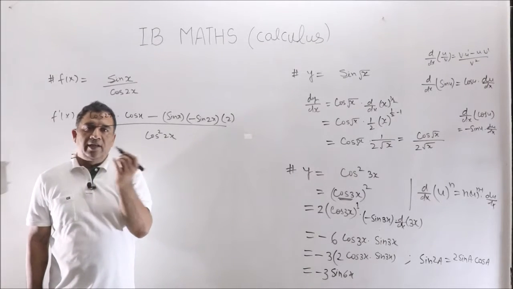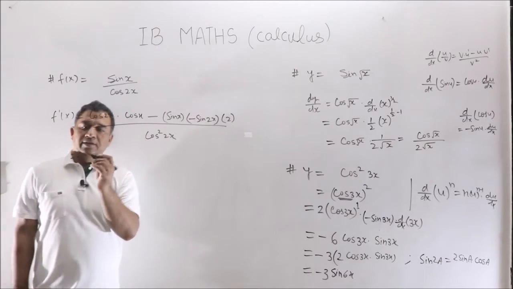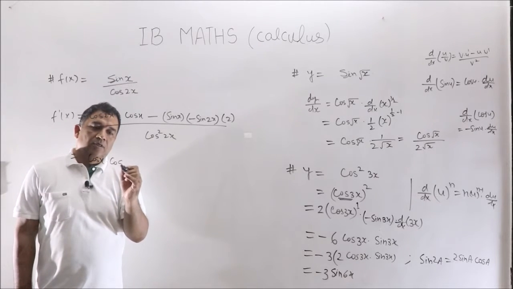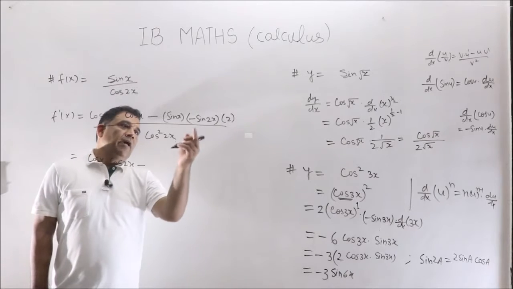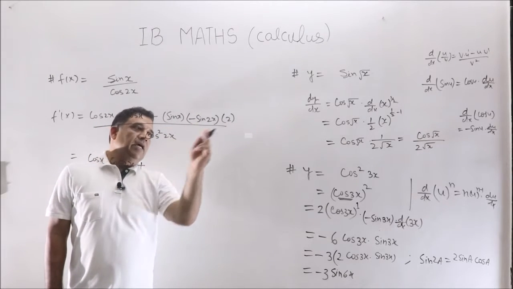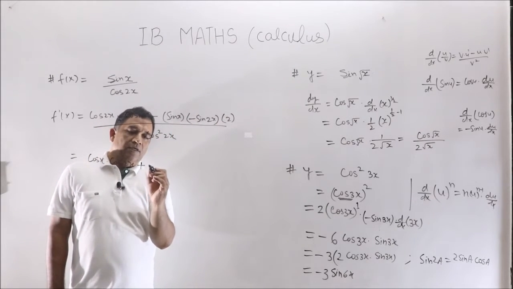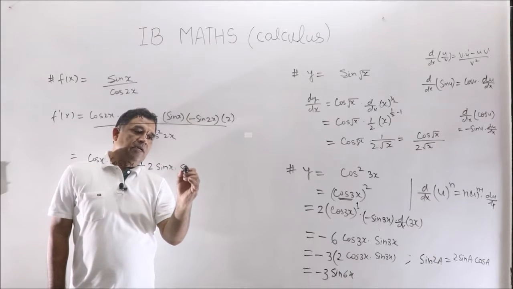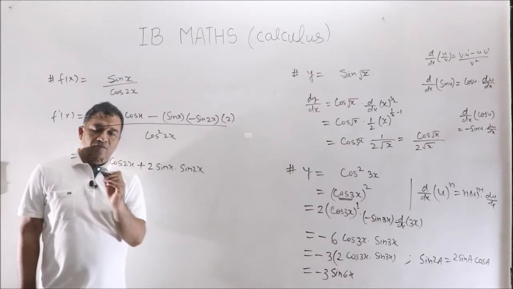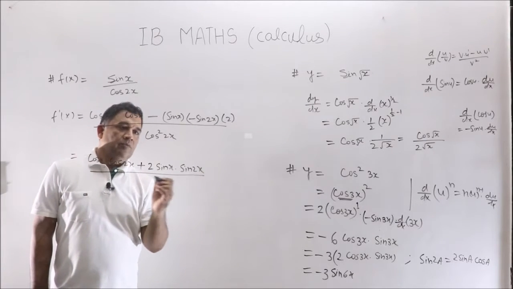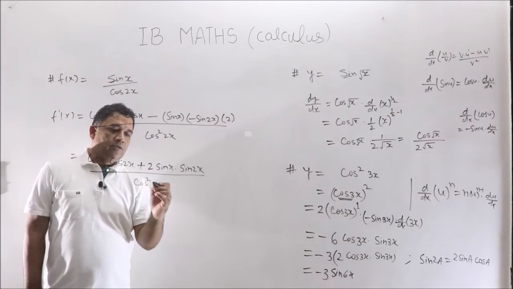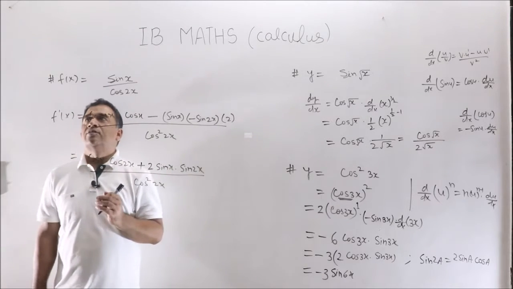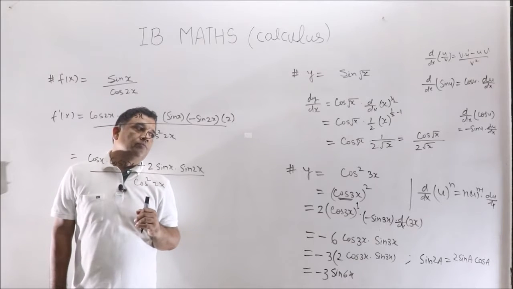We can simplify in the next step: cos x times cos 2x, and the minus minus becomes plus, and 2 we can take here. So 2 times sin x times sin 2x over cos squared 2x. This is the derivative of sin x over cos 2x using the quotient rule.